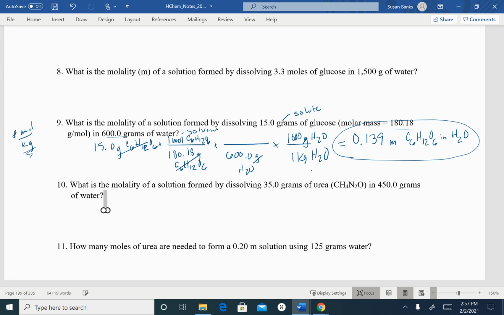There's some more examples of molarity, molality, and some mass percent, and also how to use dilutions. Okay, so next time we are going to be practicing that some more. And then we are going to also start looking at solubilities of different ionic compounds in water.